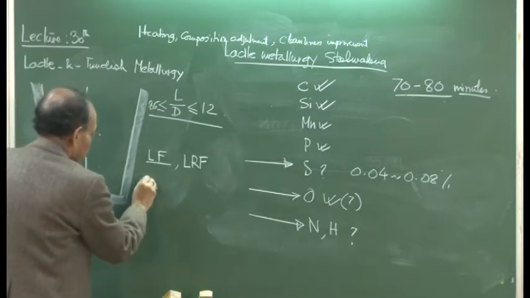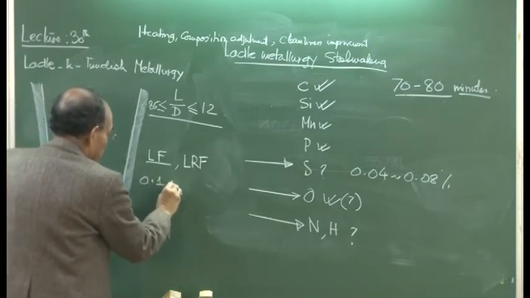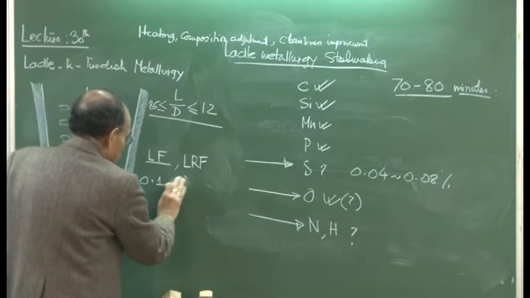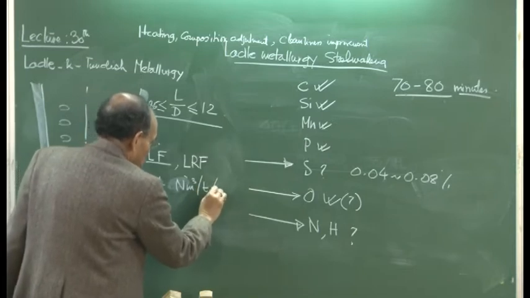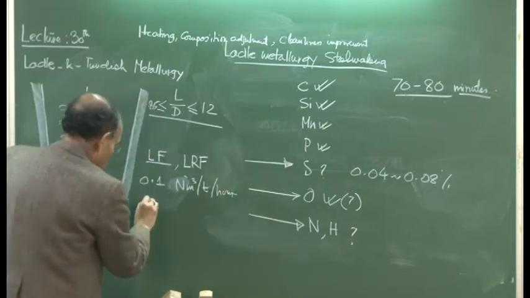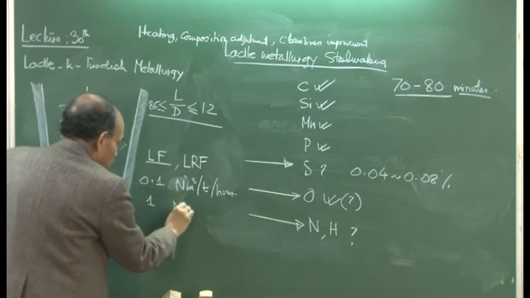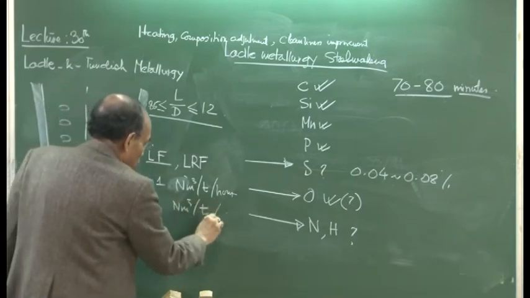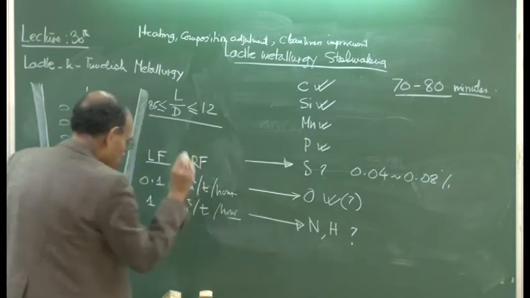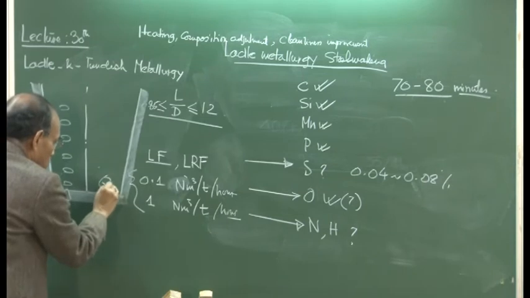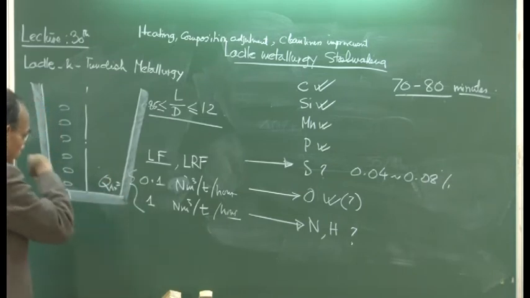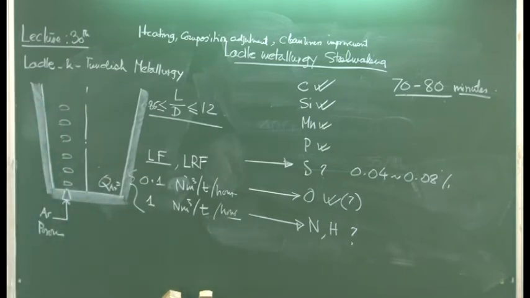Argon flow rate will vary from 0.1 normal meter cube, sorry, this should be nm cube per ton per hour, to about 10 times more, 1 nm cube, depending on the objective of ladle metallurgy. This is Q argon, the volumetric flow rate of argon. We will consider these flow rates a little later in great detail, why there is so much of 10 times variation.